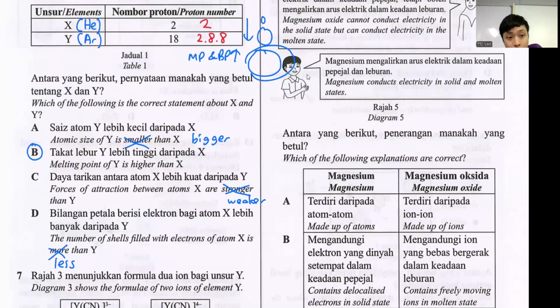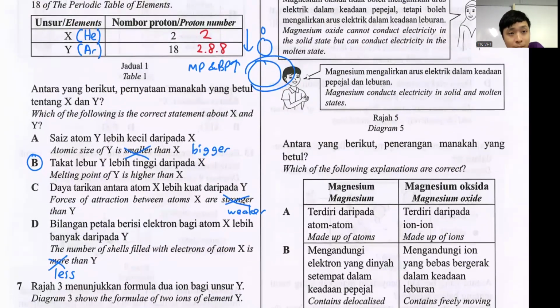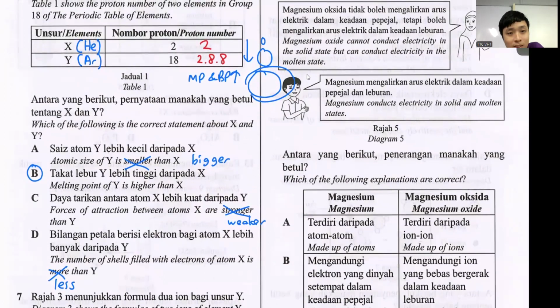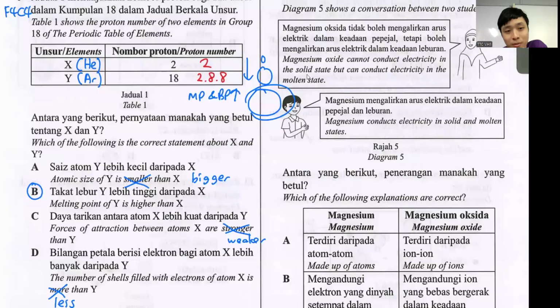Teacher, but why is the force of attraction between atom X weaker? I thought smaller size means the attraction force is stronger. No, for group 18 it's the other way. Both are stronger, that's why it's harder to melt. That's why melting point is higher, right?